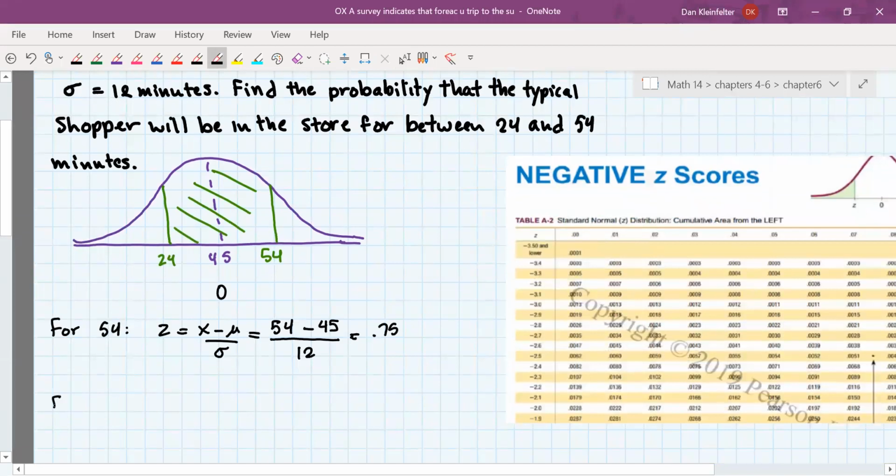For 24, z is x minus mu over sigma. That will be 24 minus 45 over 12. And then let's calculate that.